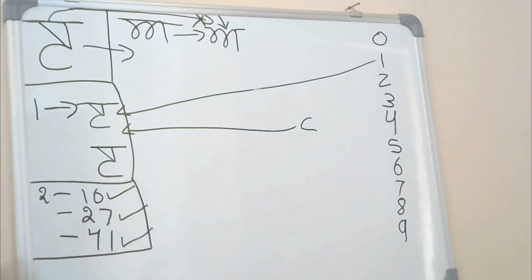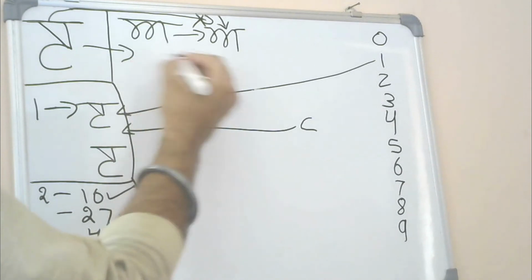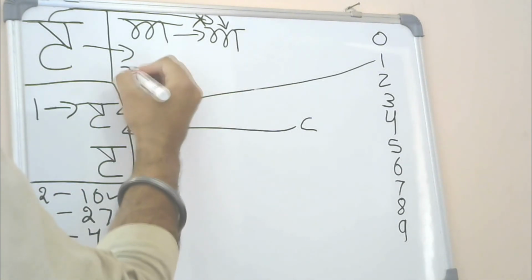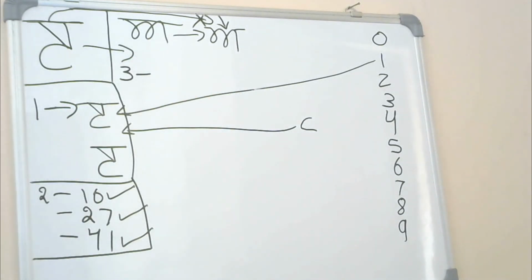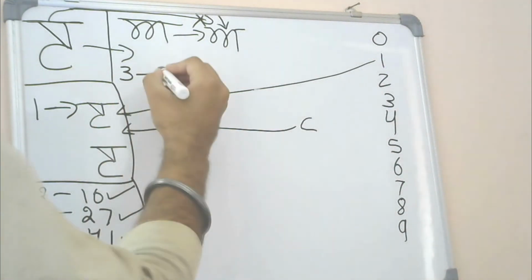So we are going to talk about the third step, how to pronounce it. Third step, I will write it here. We have this country, right?